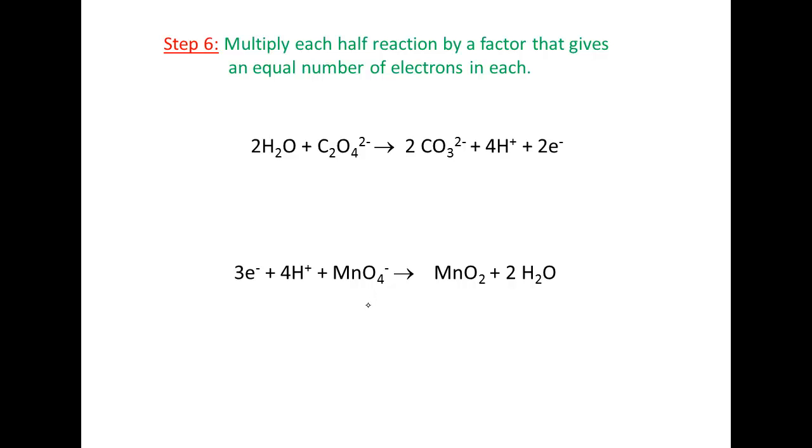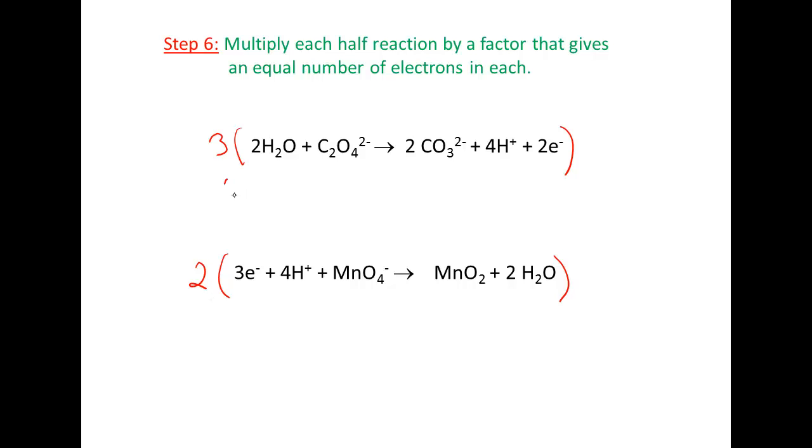In order for these 2 equations to balance out, we need to have them donating and accepting the same number of electrons. So we're going to multiply both reactions by a whole number that will give us the same. We're finding the lowest common multiple of 2 and 3, which is 6. So we're going to multiply the top equation by 3 and the bottom equation by 2.